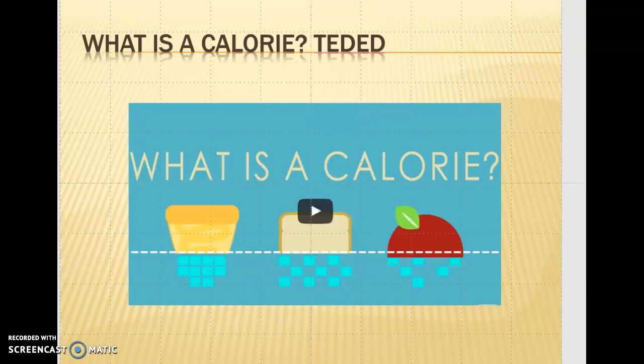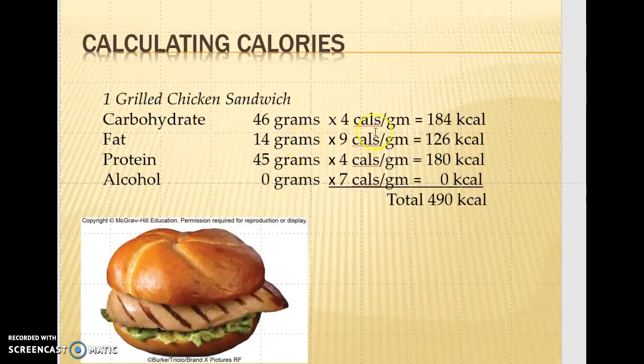So we're going to review calories, and then we'll calculate calories so that you can easily find, if you have a label, for instance, for food. There's no label on a hamburger at McDonald's, but it does tell you the total calories. But if you happen to know that this hamburger had 46 grams of carb, 14 grams of fat, and 45 grams of protein, you can easily determine the calories. So you can see how they do the label computation.